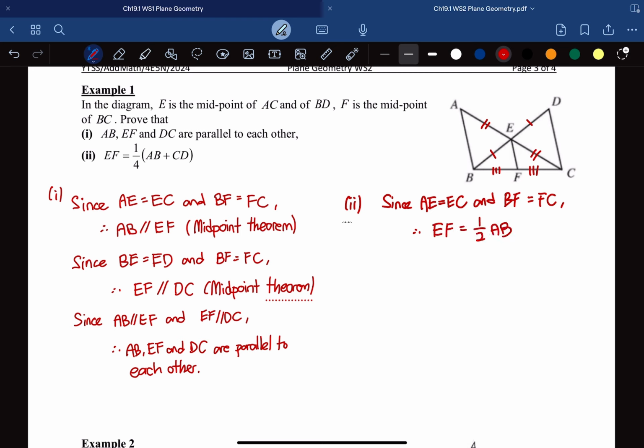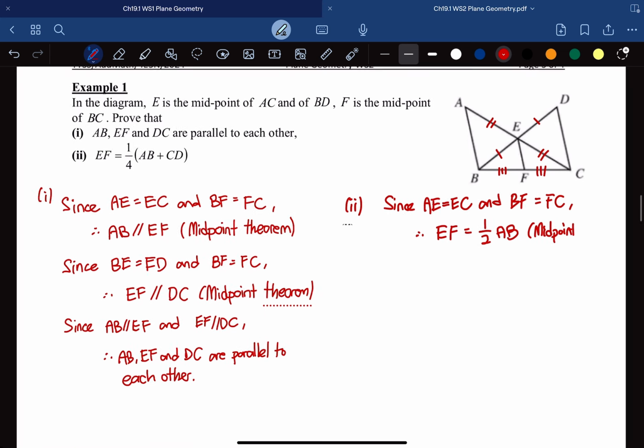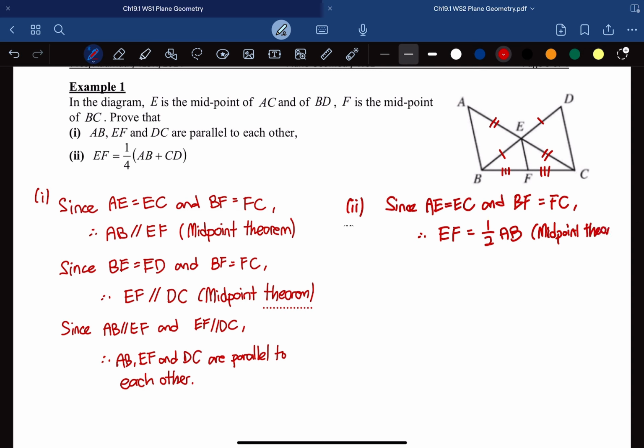length of AB. Okay, I need to emphasize that this presentation here is very important, and also stating that the reason that you know this is by the midpoint theorem. Okay, this is very important in presentation. So please make sure you have these reasons stated very clearly. Okay, next part. Same reason by the midpoint theorem as well.